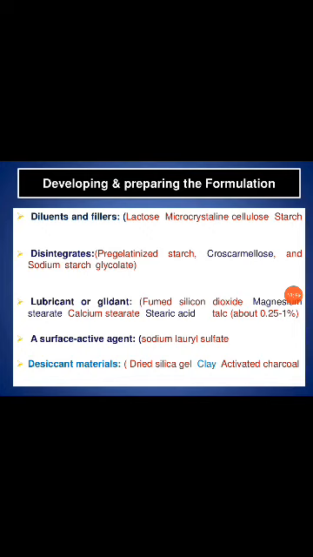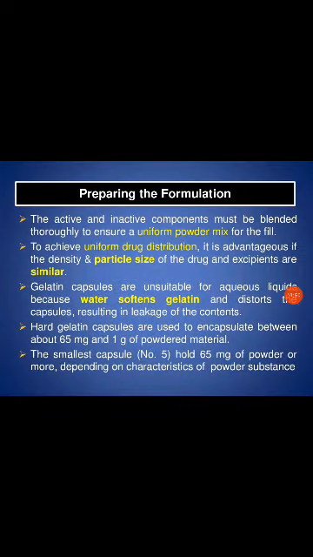Also gelatin may contain ingredients like diluents and fillers, disintegrants, lubricants or glidant, or sometimes may also contain surfactant like sodium lauryl sulfate, then some desiccant materials as previously discussed.